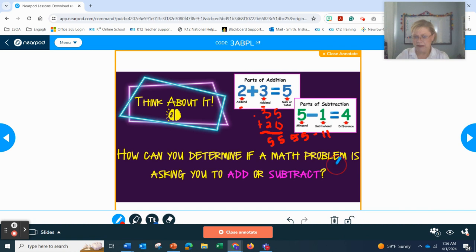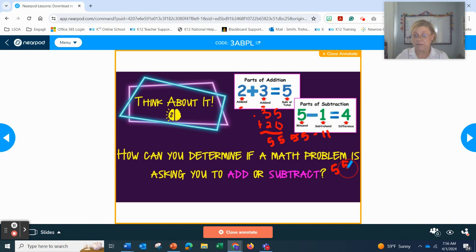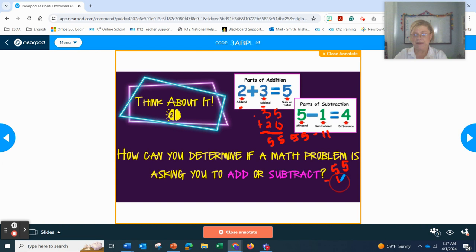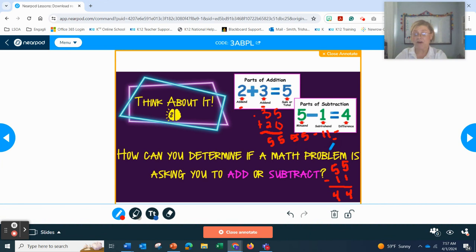I'm going to put it right here so we can see it in a tower, because like we have talked about before, Miss Smith has to see it vertically. 55 minus 11. 5 minus 1 is 4. 5 minus 1 is 4. So the difference between our minuend and our subtrahend is 44.